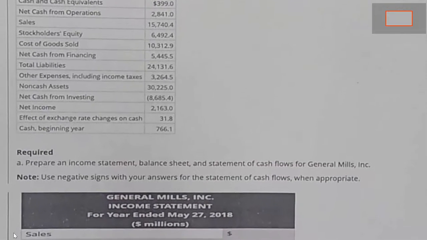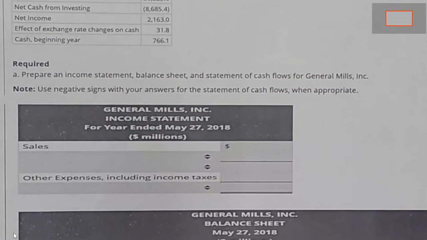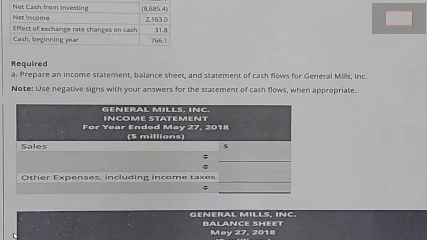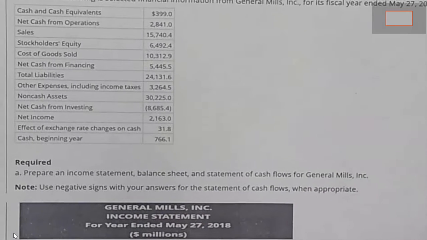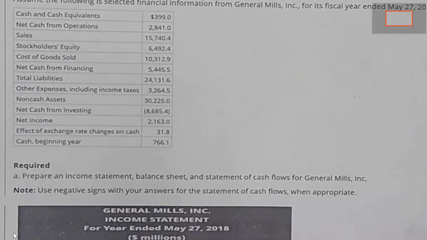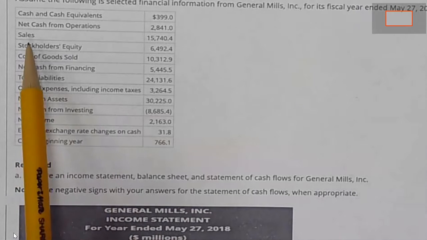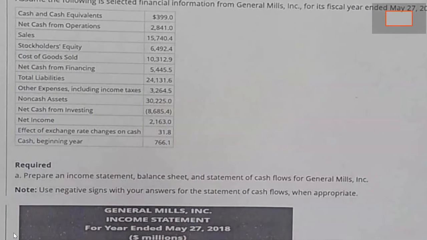They want us to prepare an income statement first, and they have provided us with the first item, which is sales. All we have to do is take the figure that is provided right up here, 15,740.4, and these are probably in millions or billions.